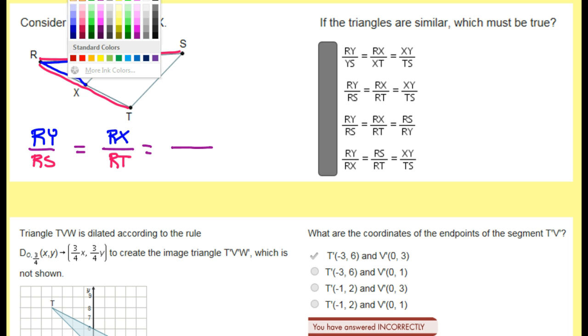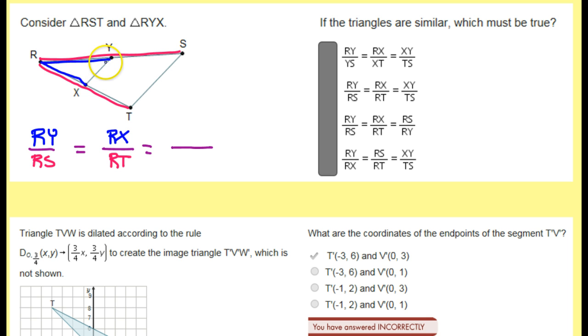And then finally, in the small triangle, we have XY. And in the big triangle, that would correspond with ST. So I'm looking for these three things among the choices over here.